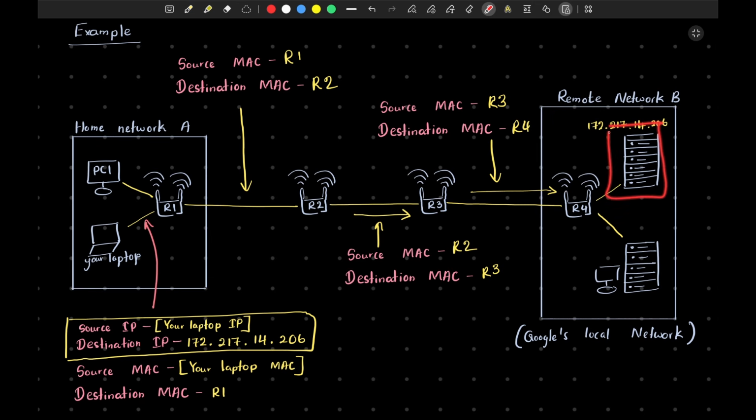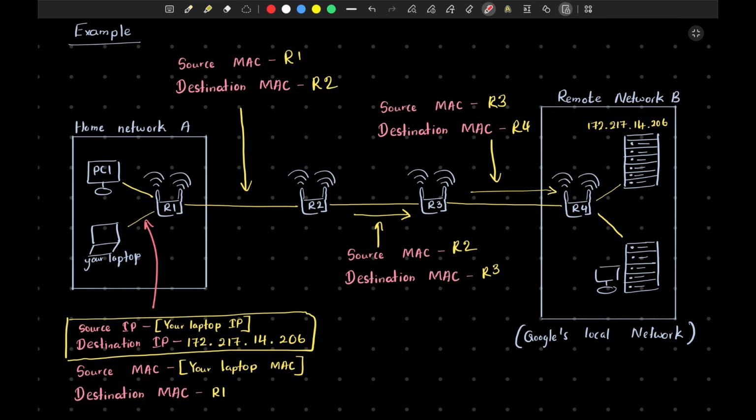This is one server, this is a second server, and there can be multiple servers in the same network, right? So this router needs to find the particular MAC address of the server at which this IP address resides.